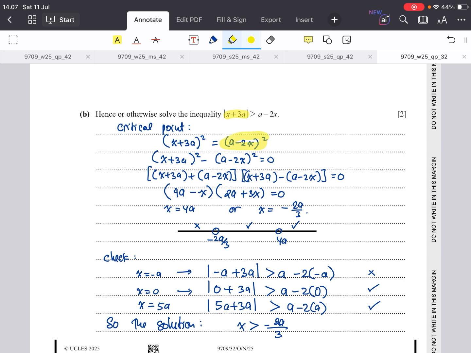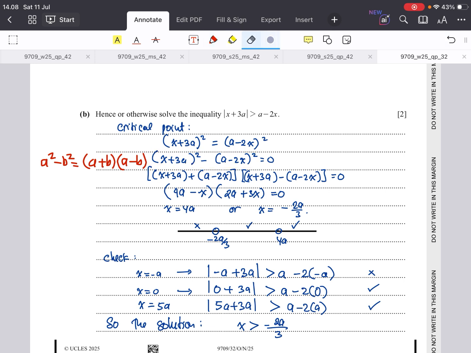And then we move this expression to the left and factorize this quadratic equation. Don't forget the identity that a squared minus b squared can be factorized into a plus b times a minus b. So we are using this identity to factorize this one.